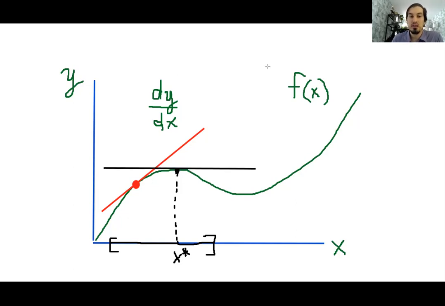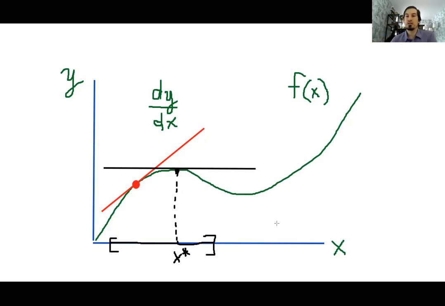Here at the red dot, dy/dx is positive, and that tells us it's not the maximum point, because it's an upward slope. But here at x star, dy/dx is 0. That means it probably is the maximum, at least on this range. And if you found a different point over here where dy/dx is negative, it would be downward sloping. That wouldn't be the maximum either.